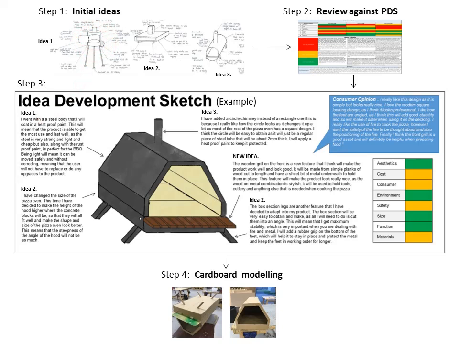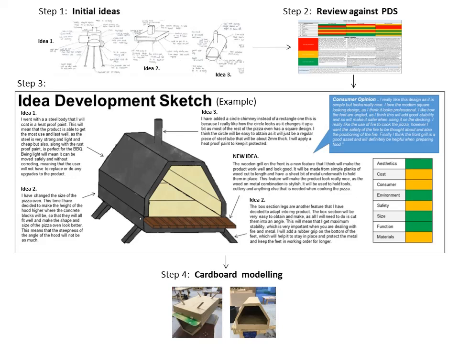He's then gone down and talked about the bottom part of his pizza oven that came from idea 2. You can see he's being clear about exactly where each idea came from and describing why it improves the product. So each of your components needs to have a separate bit of information to prove why you've brought it forwards into your new idea.